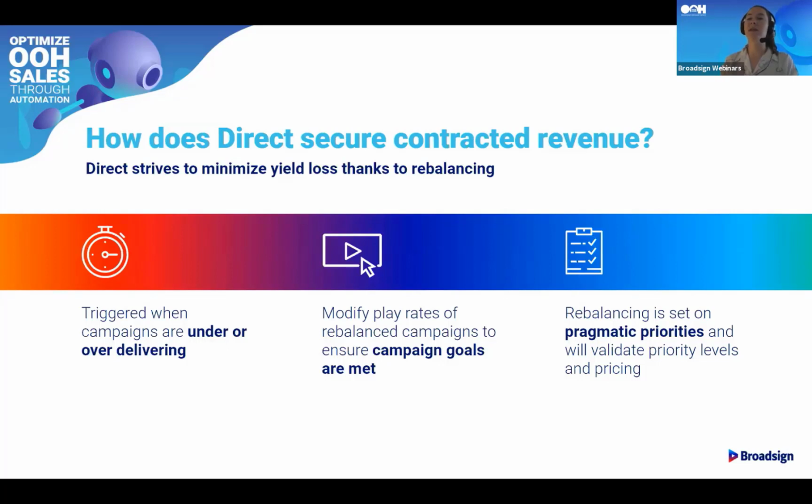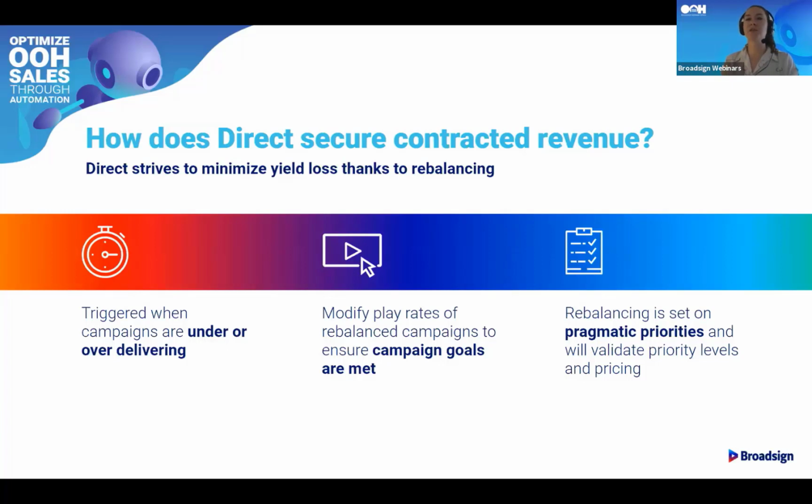The three main priority levels for rebalancing are that, first of all, it does not rebalance takeovers, aka domination campaigns. Those are guaranteed campaigns that will play. Second, it will check the priority levels that you assign on campaigns, and the priority levels that you set are configurable by yourself in your domain, so that you can really decide which campaigns are the most valuable to you.